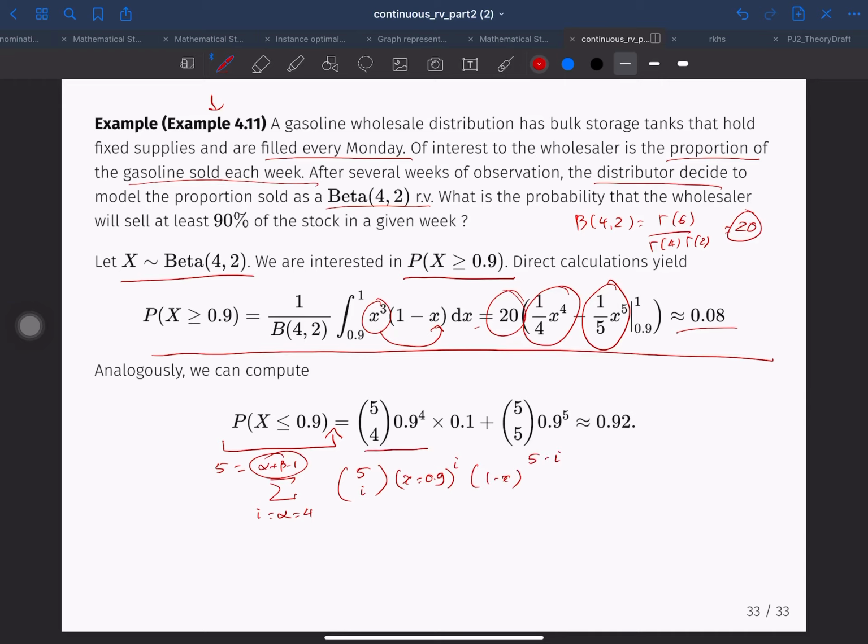And that gives you this expression here, which is 0.92, and that is roughly 1 minus 0.08. So this example illustrates that you can easily think of the problem either via computing this integral or via looking at the binomial random variable.